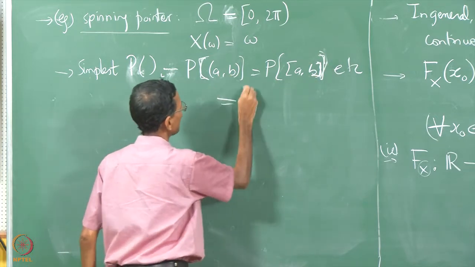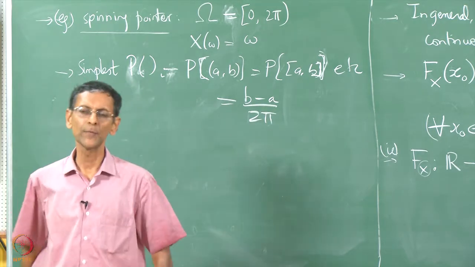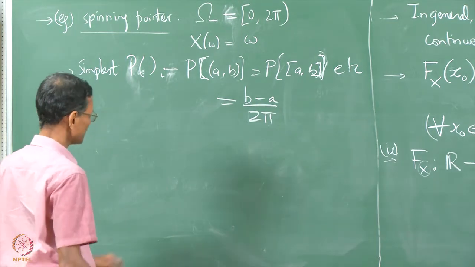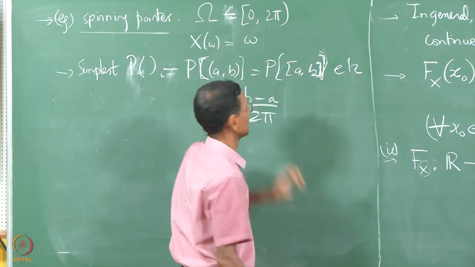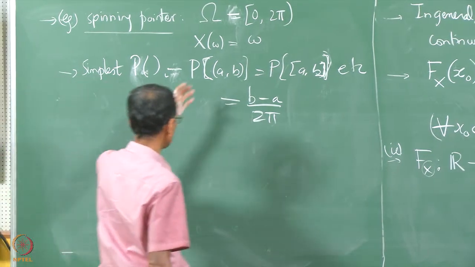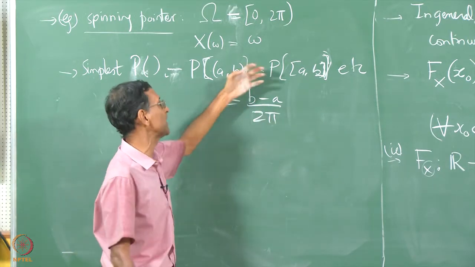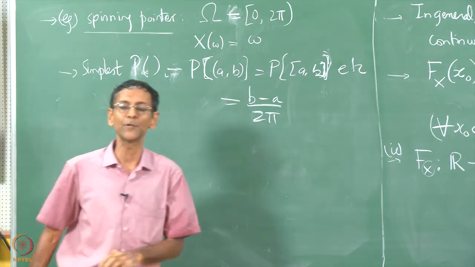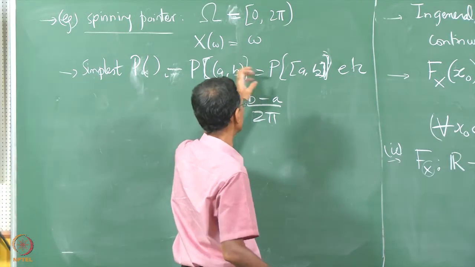So we say that we will make this probability assignment to this interval. Here we are actually assigning a probability directly based on the interval length, which is b minus a. We are not using the CDF as such. I mean, we are being more general than the CDF.